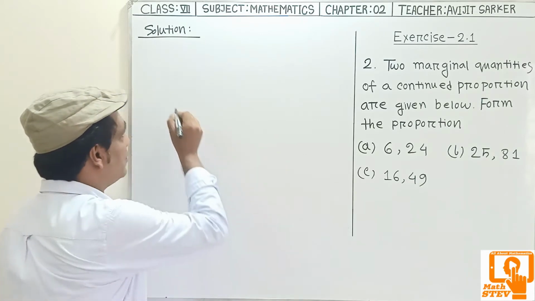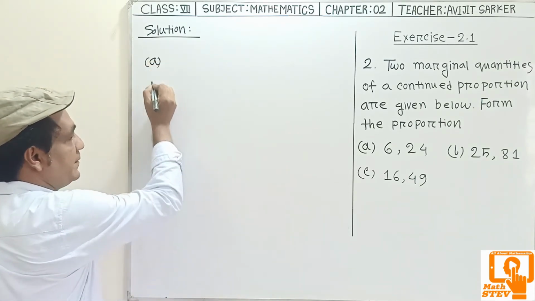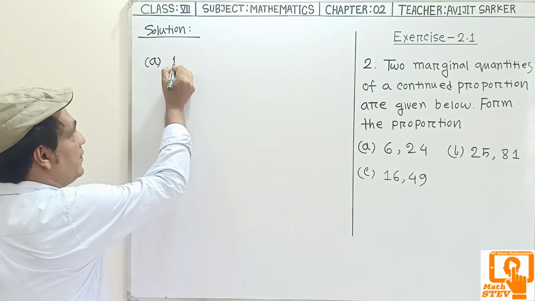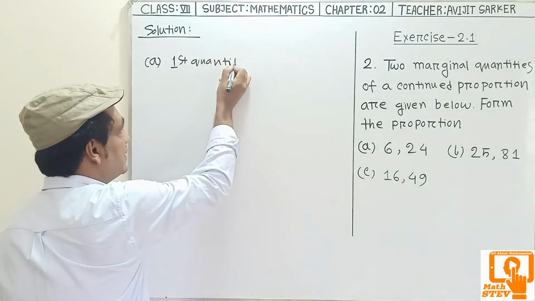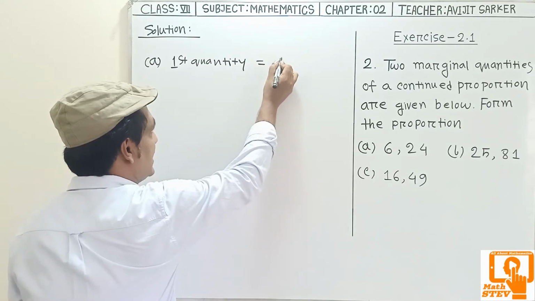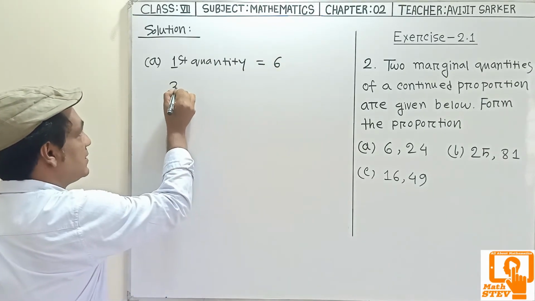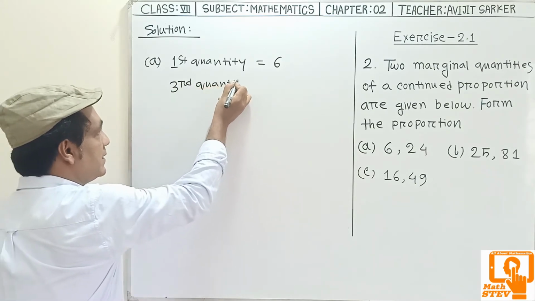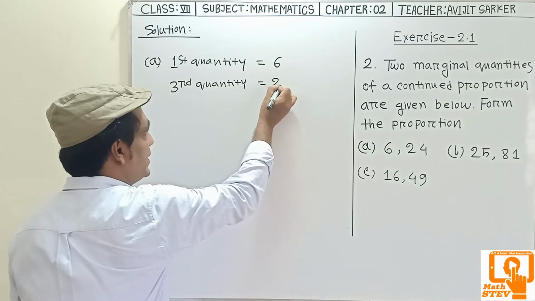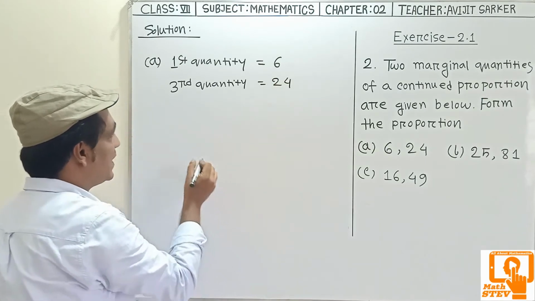Now, solution of A, first quantity equals 6. Third quantity equals 24.